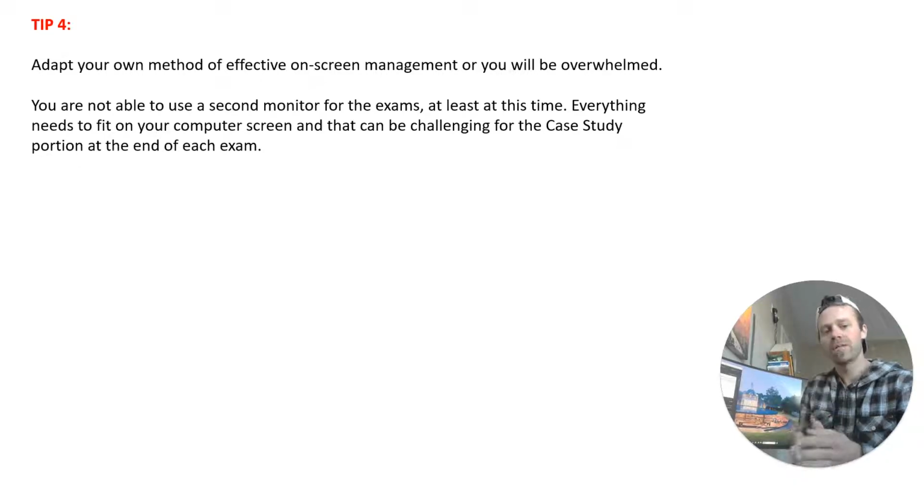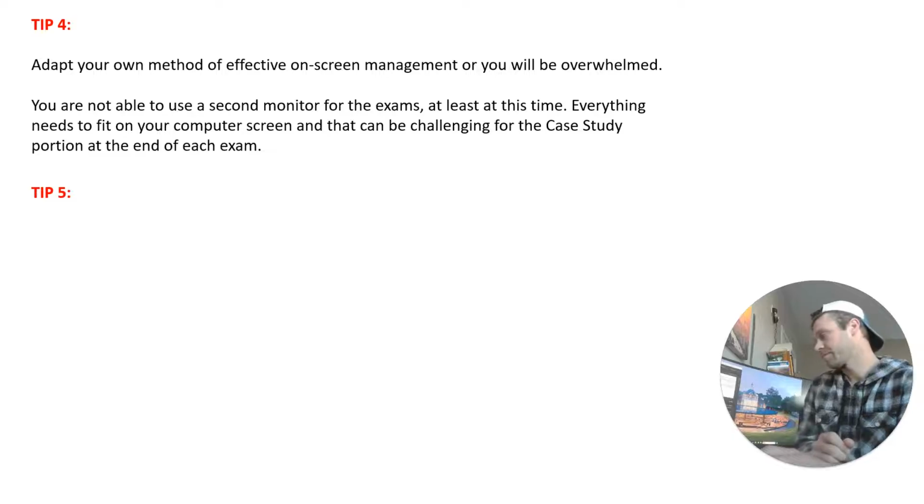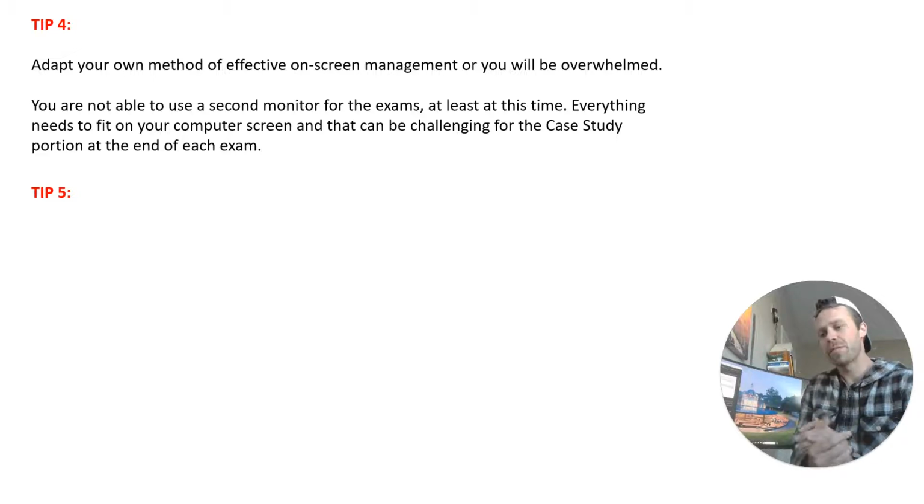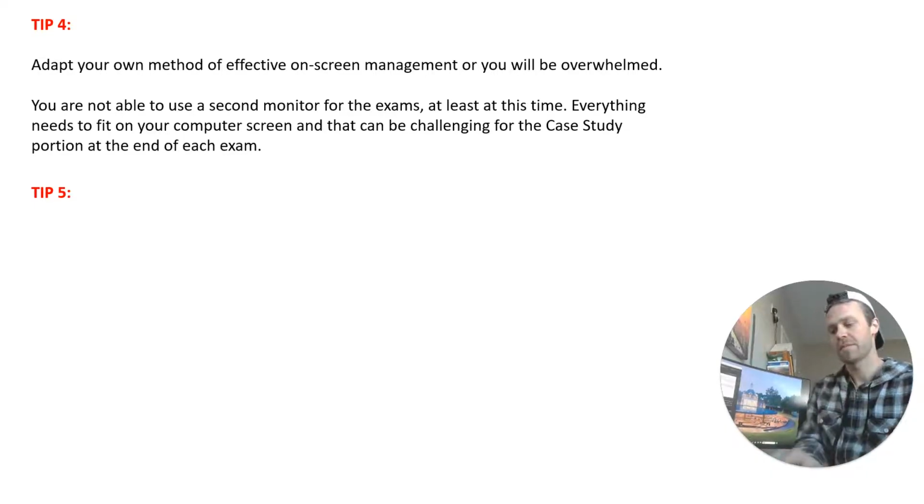So on your first exam, maybe set aside a little time to know where you want to put those things, or already have that planned in your head. And also you're going to have to scroll through documents. You're going to have to have your answer sheet somewhere, and just have it organized. That's all I can say.